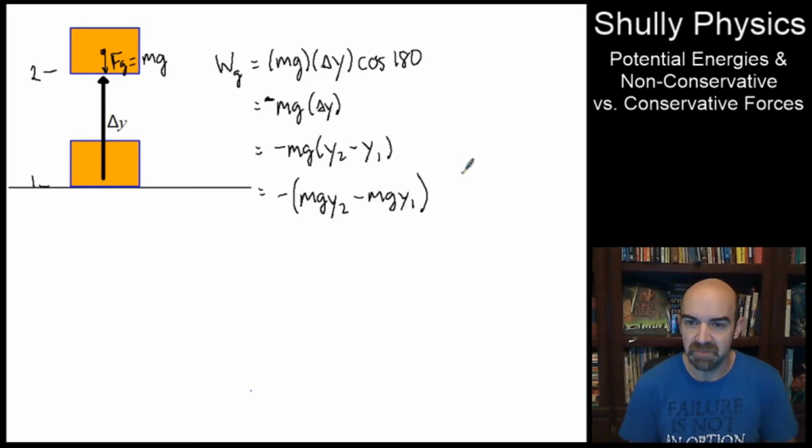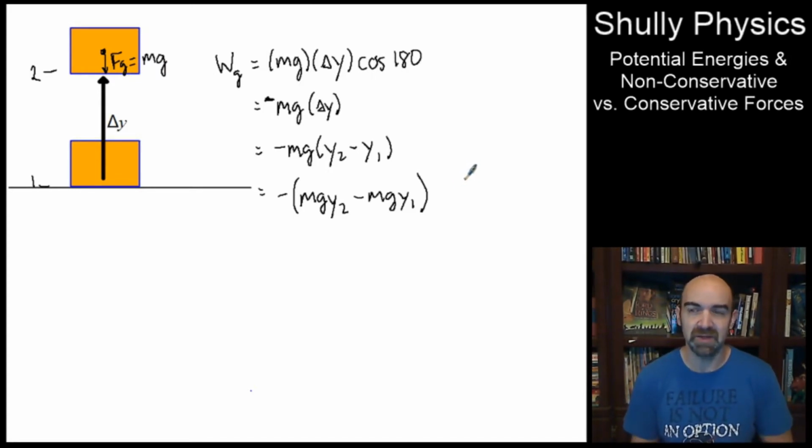So if we define something here, sort of like we defined kinetic energy in a previous episode, kinetic energy is 1/2 mv squared. And that just appeared out of this work kinetic energy theorem presentation. It just appeared in the equation. I'm going to call this creature here mgy. It's an energy. It's a work done by gravity.